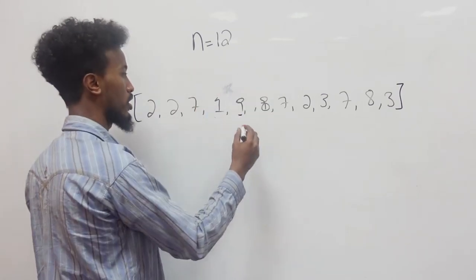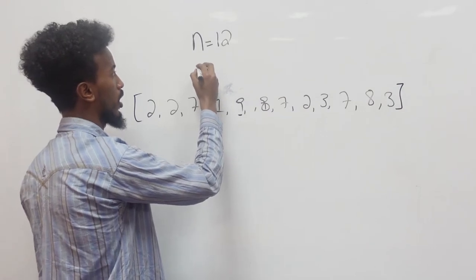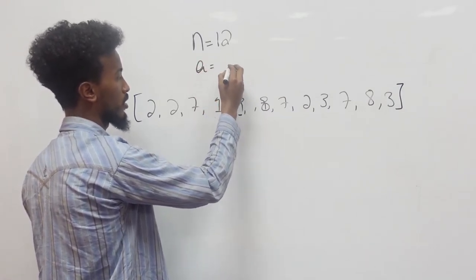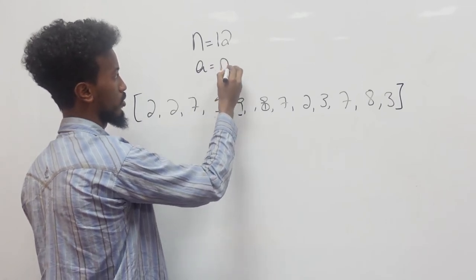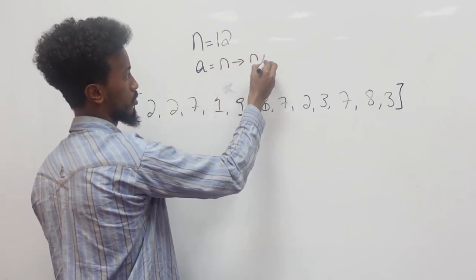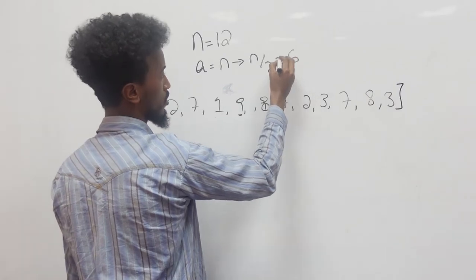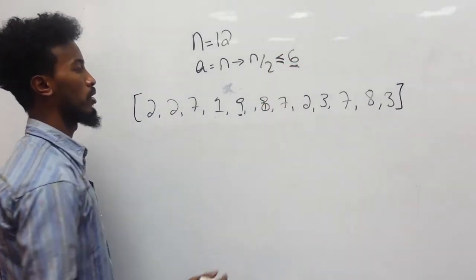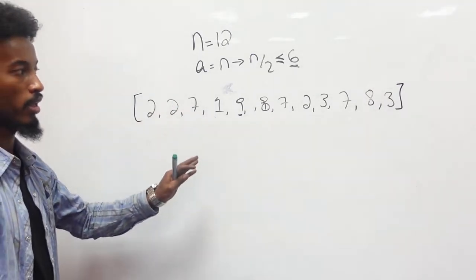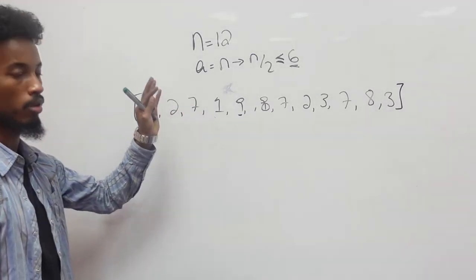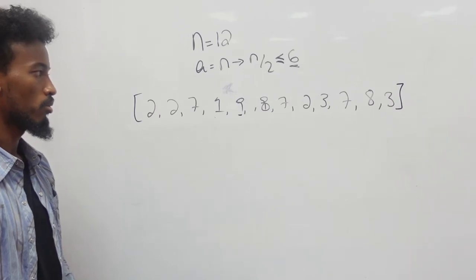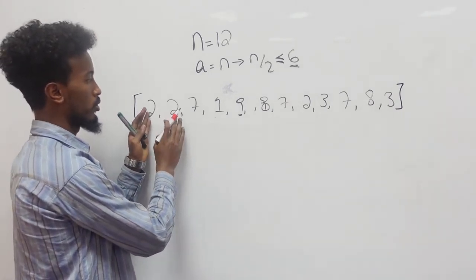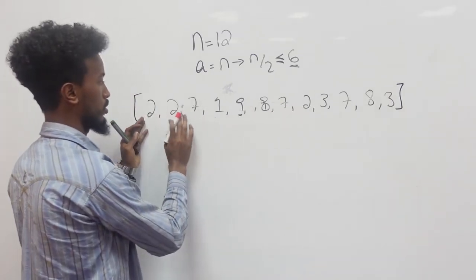So for this one, n is 12, so our aim, we can call it A, is making the size n into n over 2, which is 6, at least 6, so less than or equal to 6. We can remove any element from the array. When we remove it, we remove all of its occurrences. In this case we could remove 2, this and this.